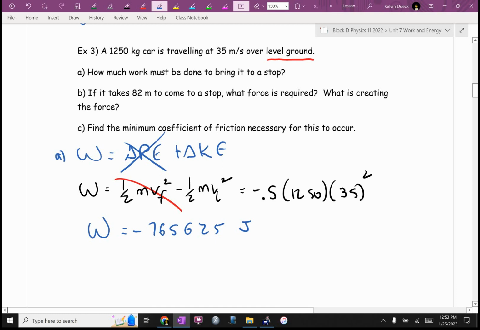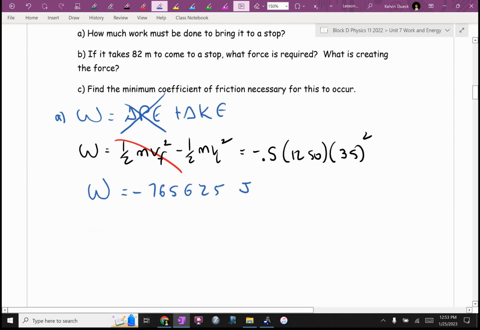This is not really giving me a direction. For the car to come to a stop, Oliver, does it need to gain energy or lose energy? For it to come to a stop? It's saying you need to lose that much kinetic energy. Okay. Cool. What's B asking me to find?